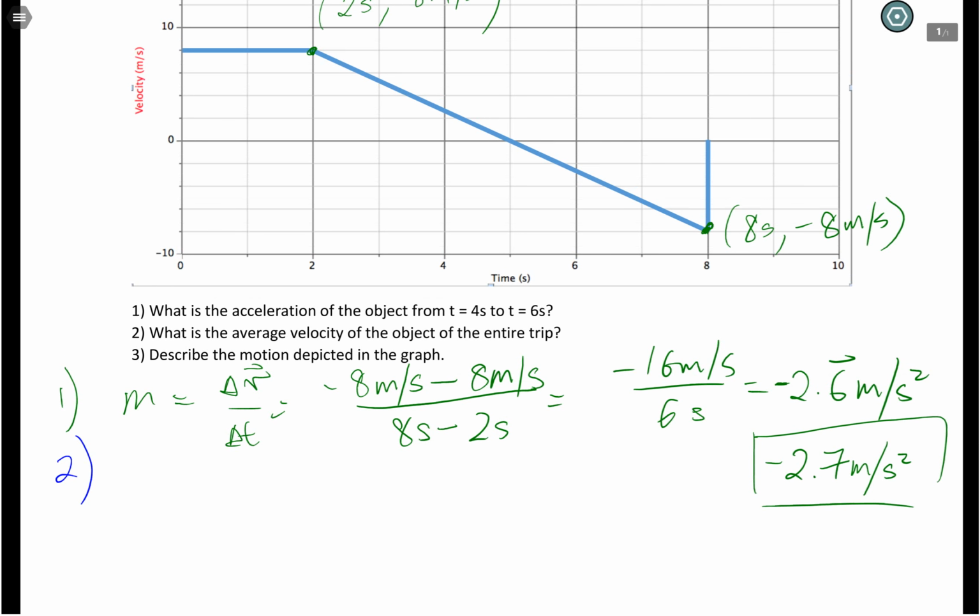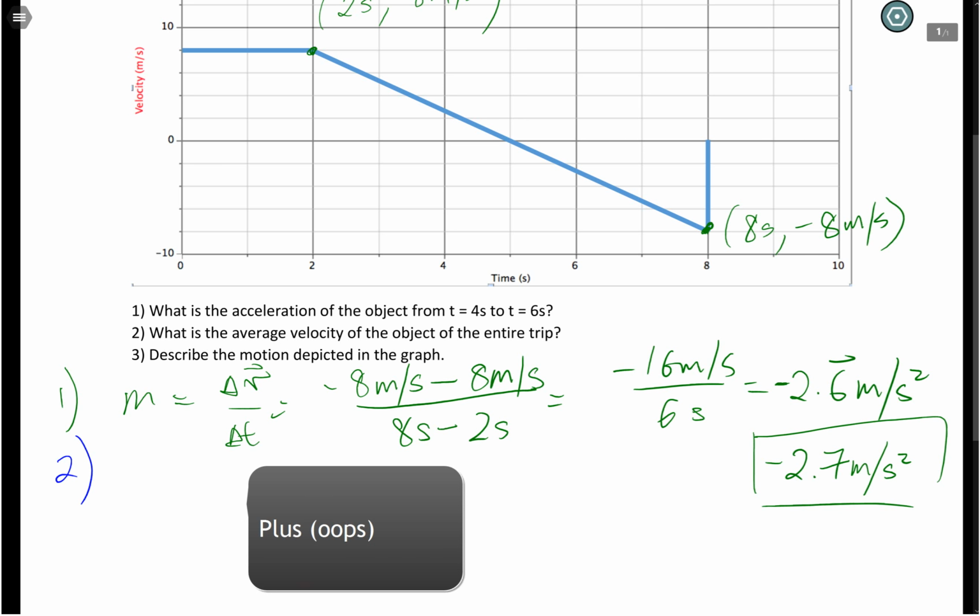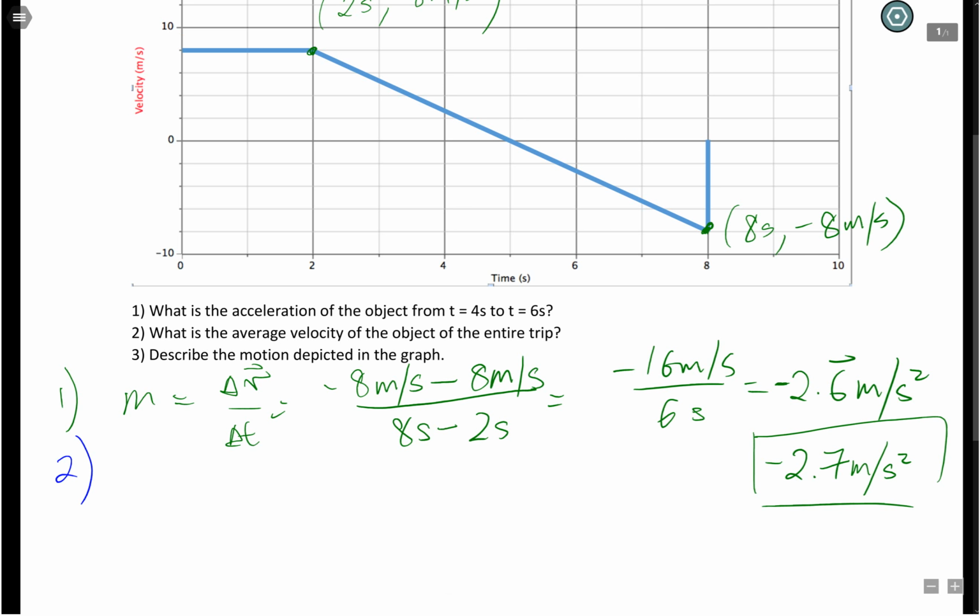Now, be very careful. We notice that the acceleration in this entire trip is not constant. Because it's not constant, we cannot take our final velocity minus our initial velocity and divide it by 2.